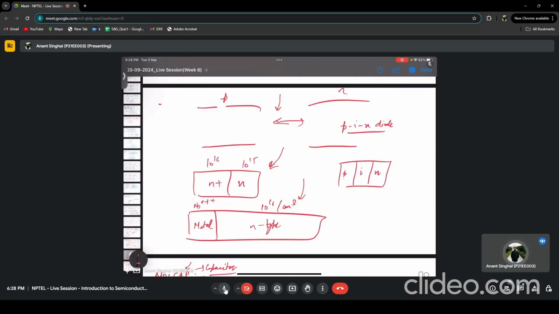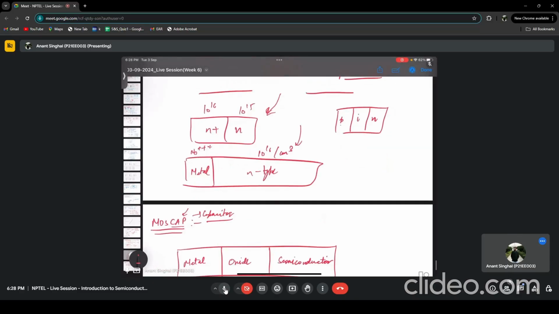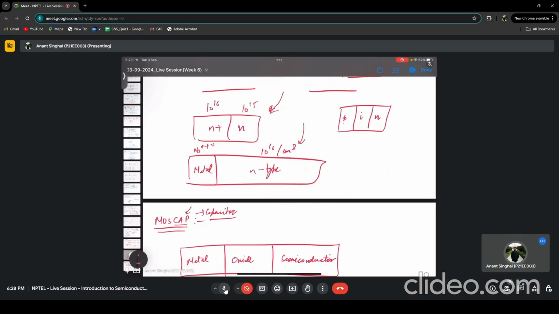So that will need some clarification. You can go through the PIN diode, in which we are making the junction between P and I, and I and N together. This is one of the topics for this week also, if I'm not wrong.